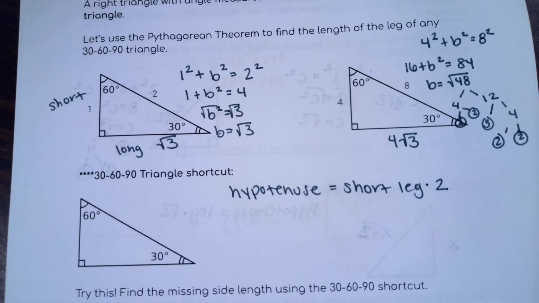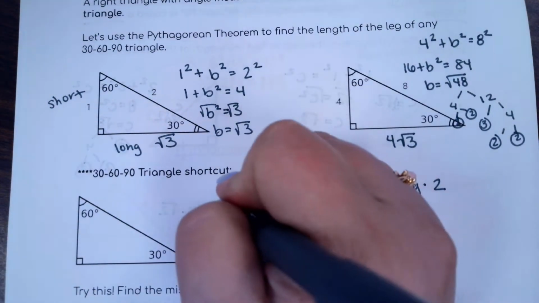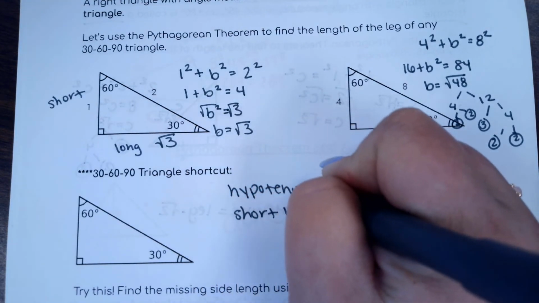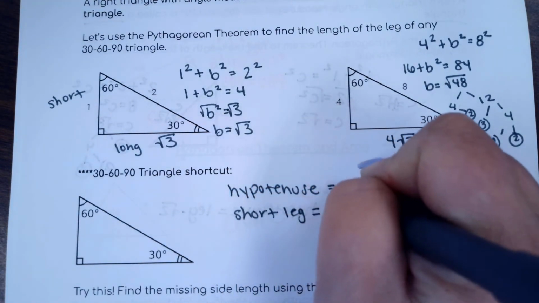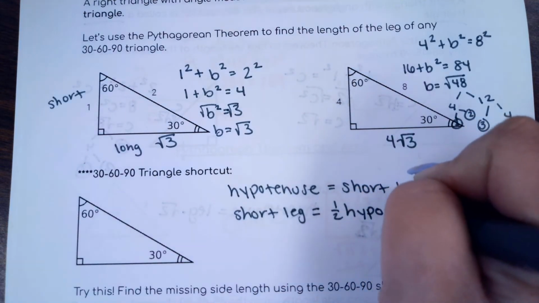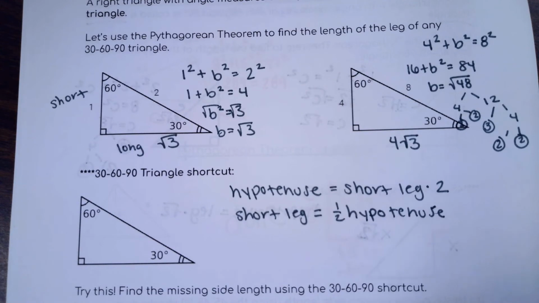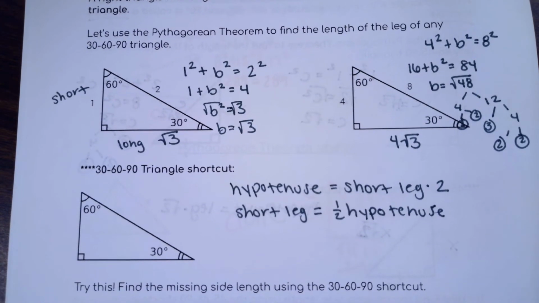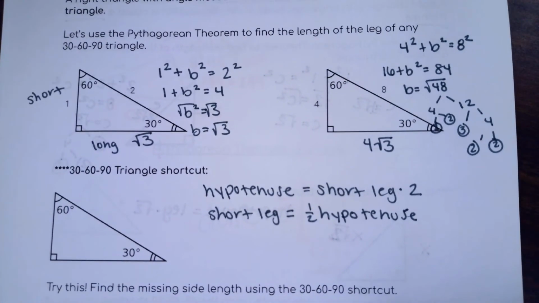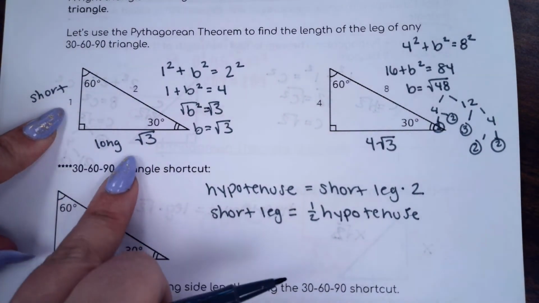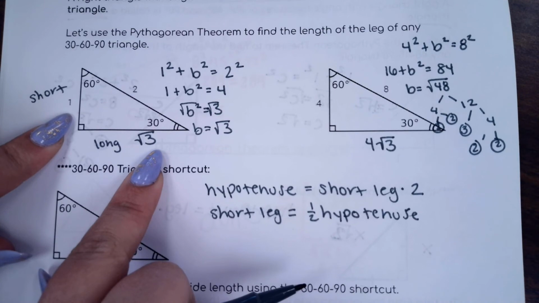We could also think about it the other way. The short leg is half the hypotenuse. Sometimes it might be beneficial to think about it that way as well. And then let's look at our long leg. So again, it's based on the short leg. How do we get from here to here?